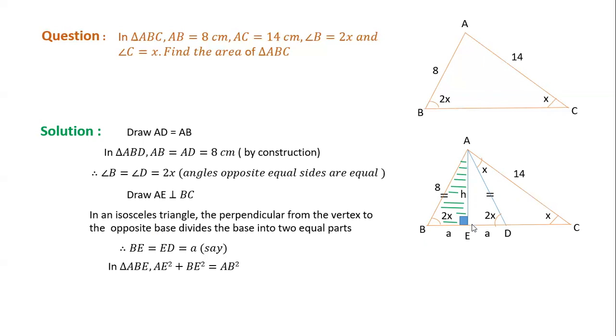That means AE square plus BE square is equal to AB square, by Pythagoras theorem. AE is h and BE is a, and AB is 8. Substituting the values, we get h square plus a square is equal to 8 square, which is 64. So h square is 8 square minus a square. Let us number this as the first equation.